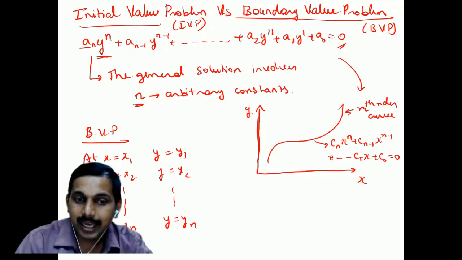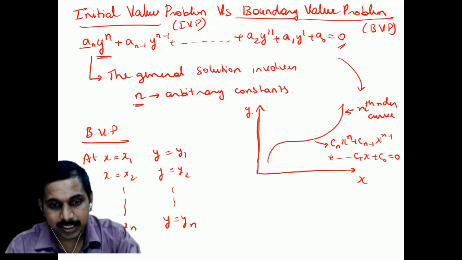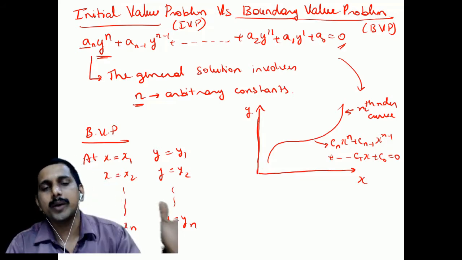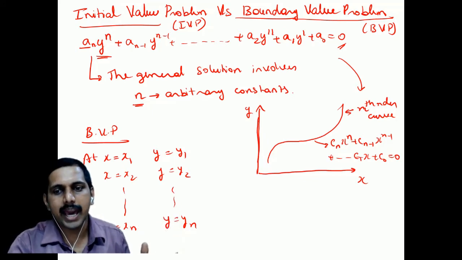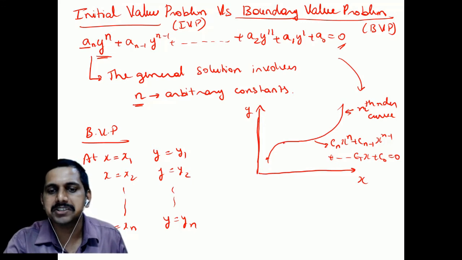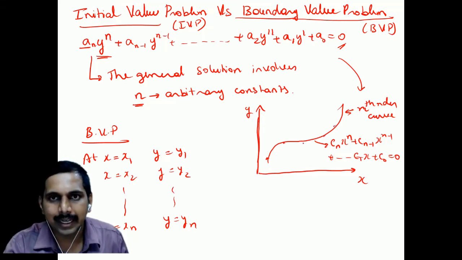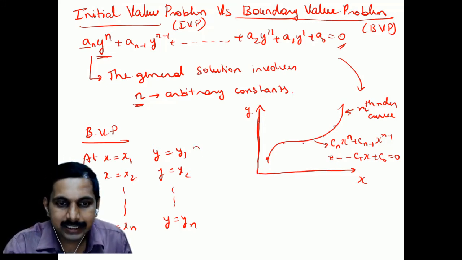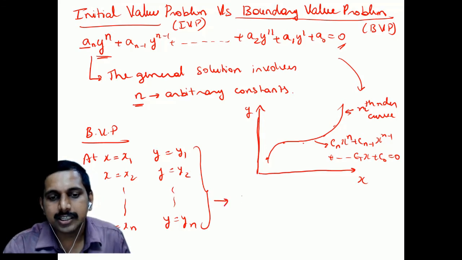Because there are n constants, you need n equations, correct? You say at different places what is the value. Then this kind of problem is called boundary value problem.